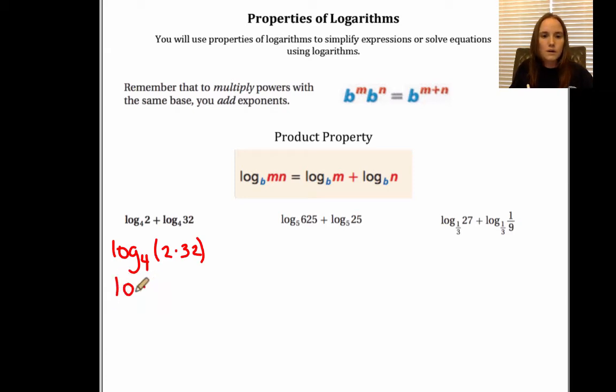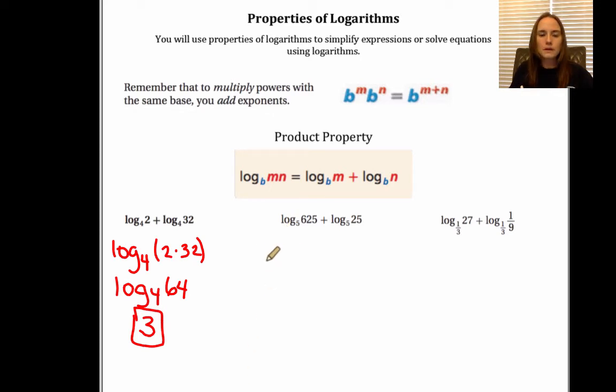So log base 4 of 64. And do we know what log base 4 of 64 is? We should. This right here represents a number. It is a value. It means 4 to some power is 64. And we know that that value is 3. So 3 would be our final answer here by applying the property.